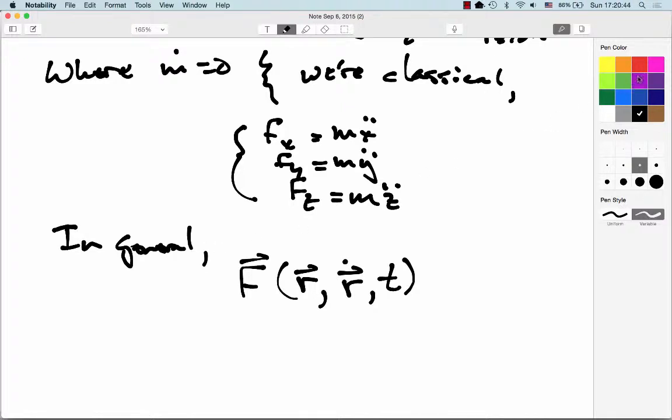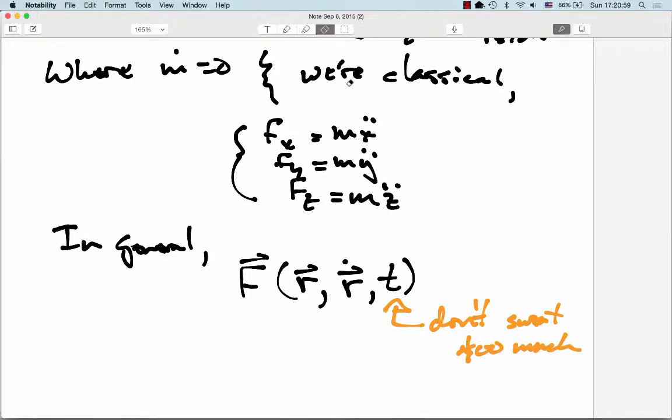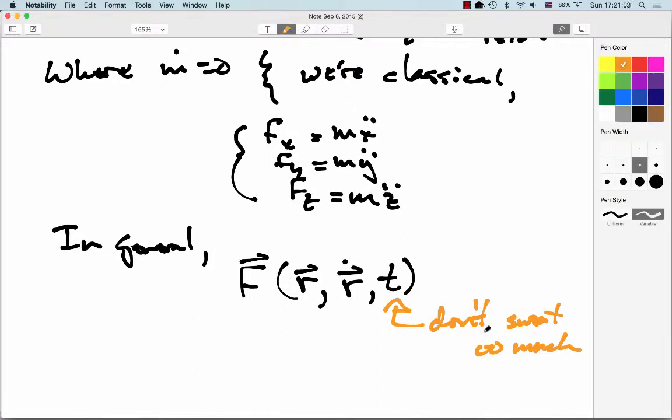Although, generally speaking, you don't really need to sweat this one too much, as we will encounter much later in the course.